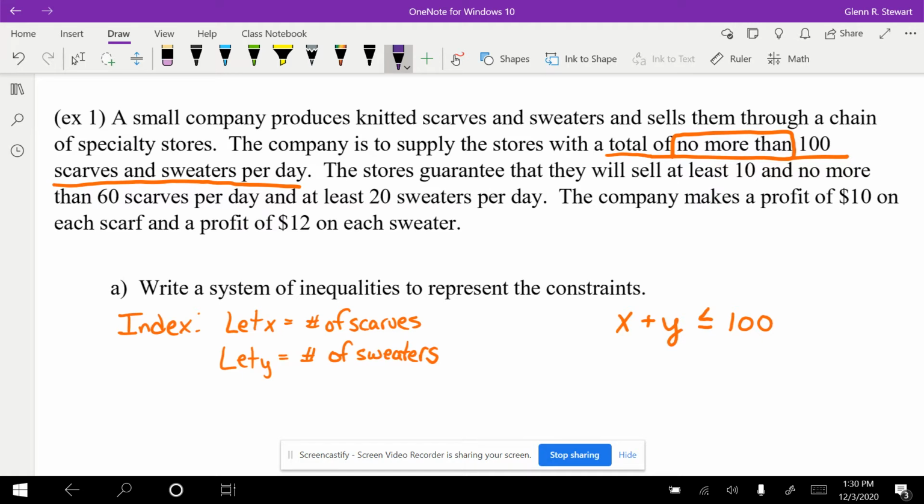The store guarantees that they will sell at least 10 and no more than 60 scarves per day. So at least 10 scarves. So 10, so scarves greater than or equal to 10, or scarves no more than, so less than or equal to 60.